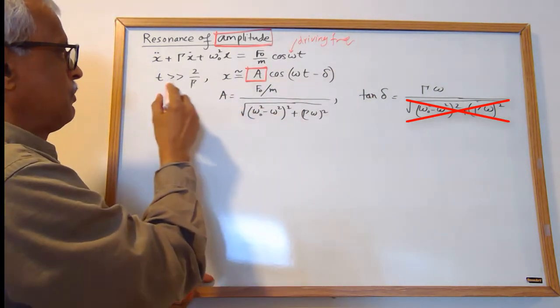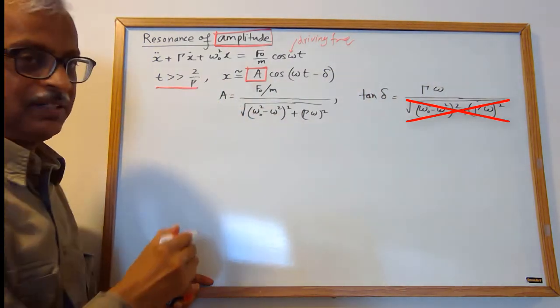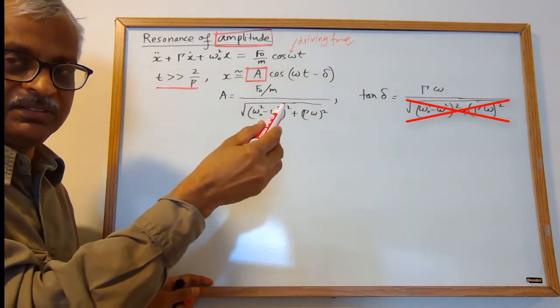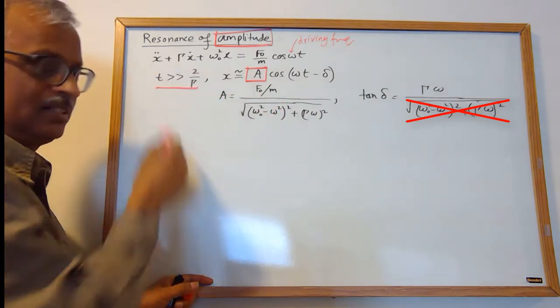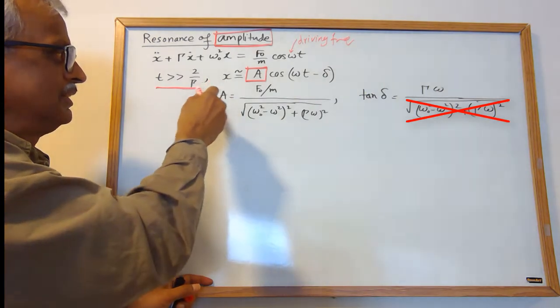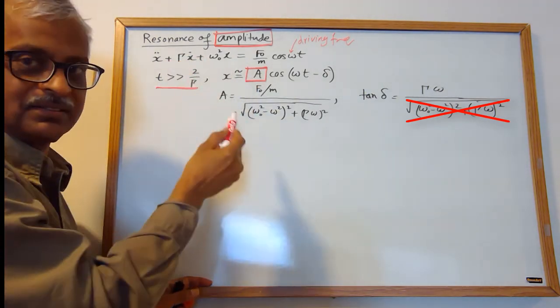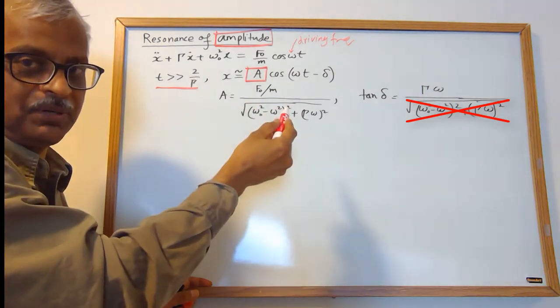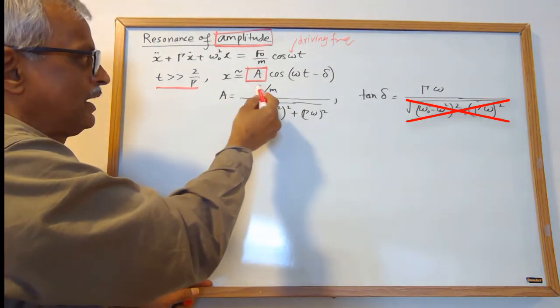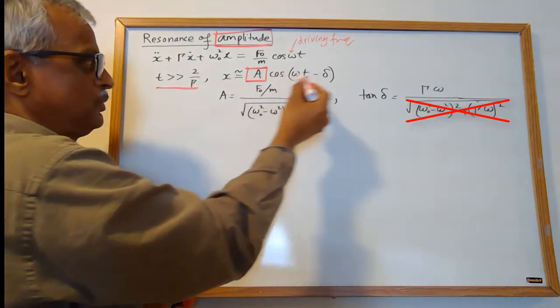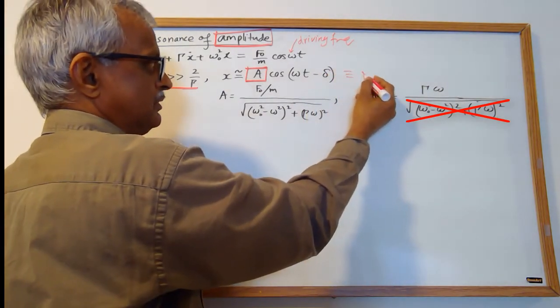And when we look at oscillator at a very long time compared to 2 over gamma, then we find that the oscillator, this X displacement from the equilibrium, actually just boils down to XP.